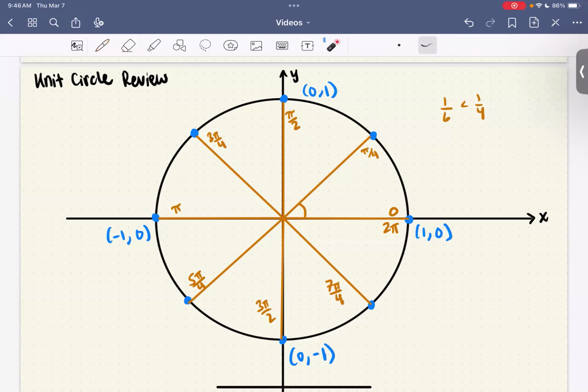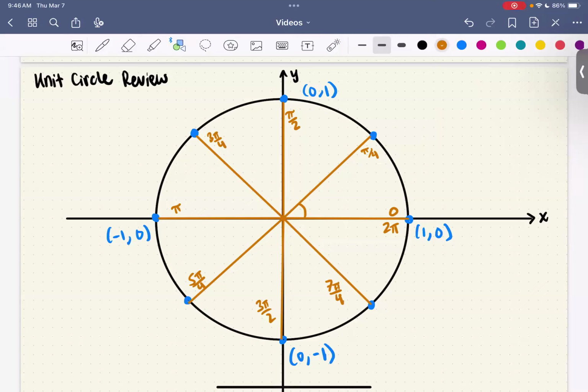So the 1/6 angle is going to be somewhere lower than this pi/4 piece. How do I remember this? If I have one brownie and I have to split it between 6 friends, I'll get less brownie than if I split it with 4 friends. So less. All right, so let's write down those angles.